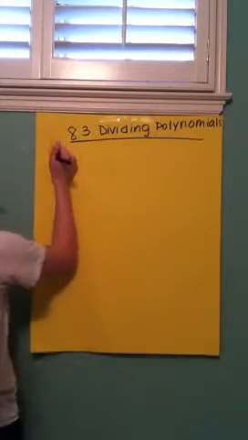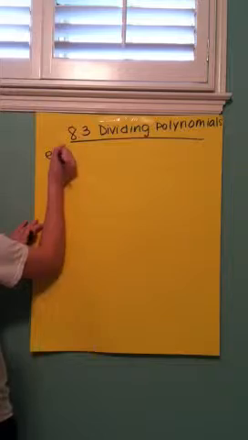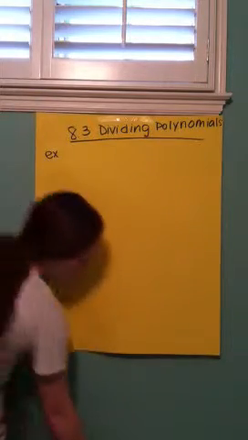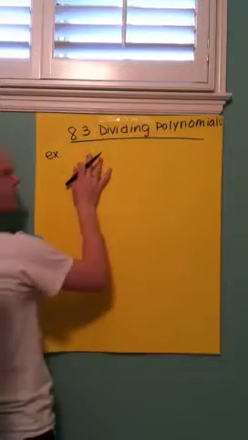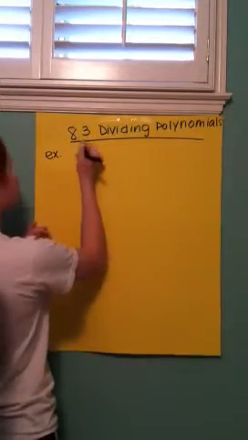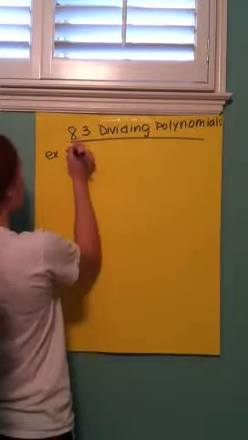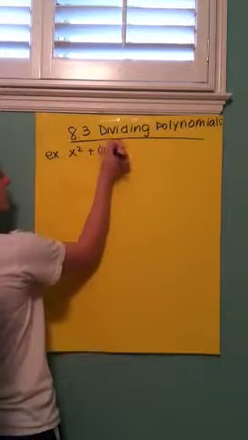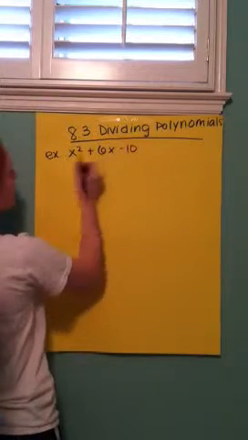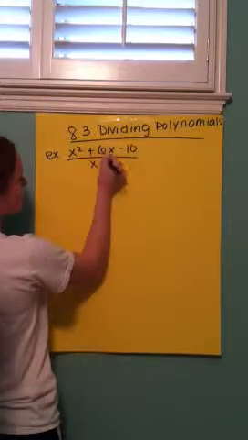Okay, so when you're dividing a polynomial, it will always be given to you in a fraction form. So an example of this would be x squared plus 6x minus 10 over x plus 2.